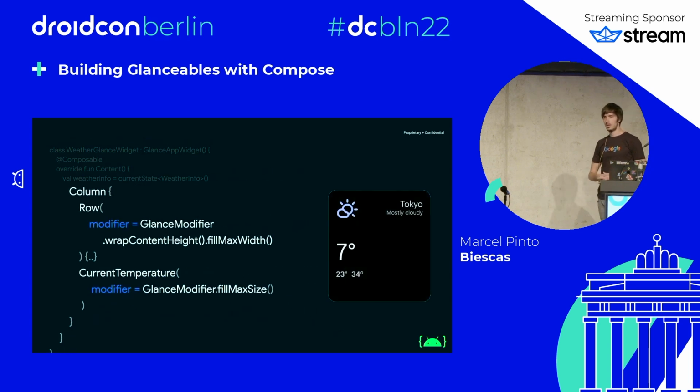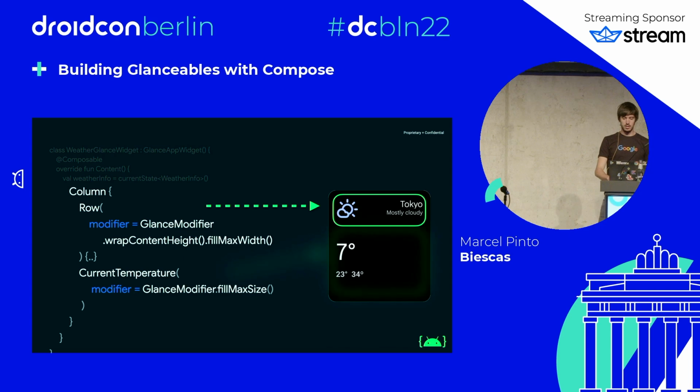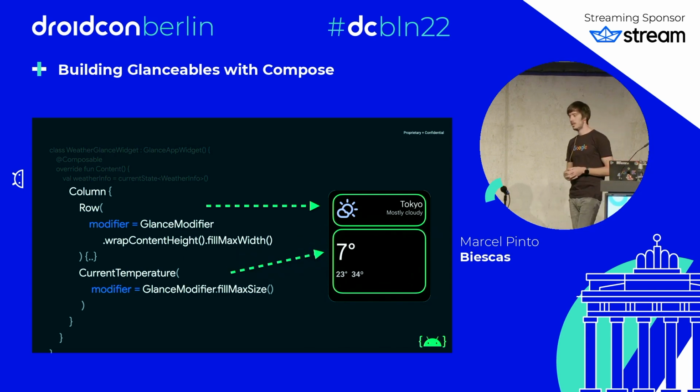If we break down our widget UI, we will see that we have an initial row that contains our weather icon and the place where we are, and then another row that takes all the remaining space and displays the current temperature, the minimum, and the maximum.